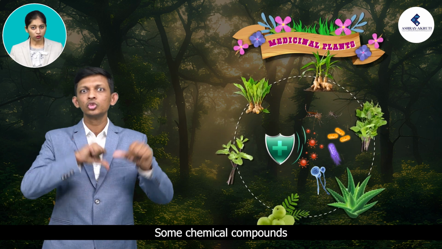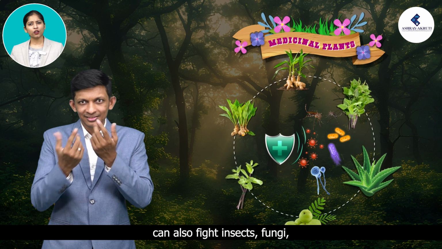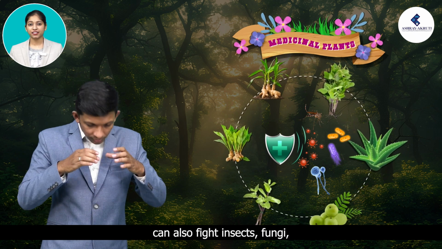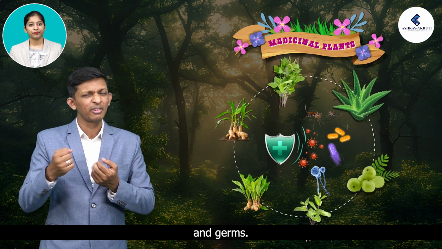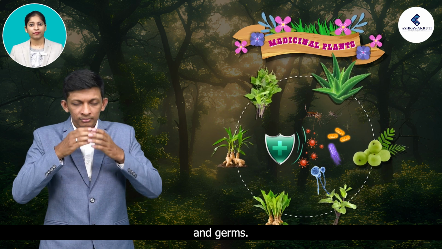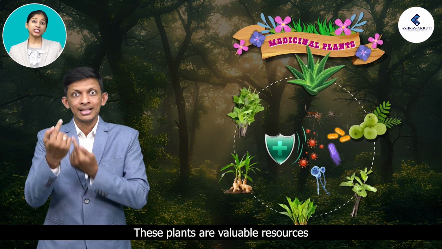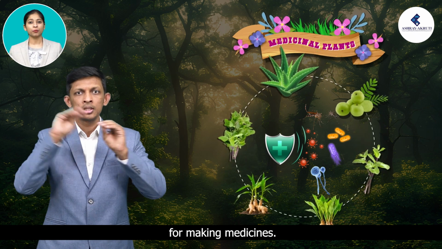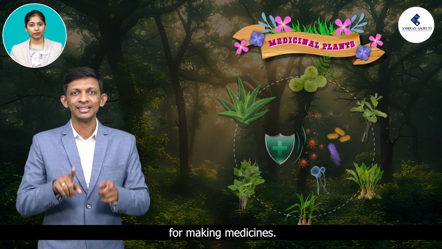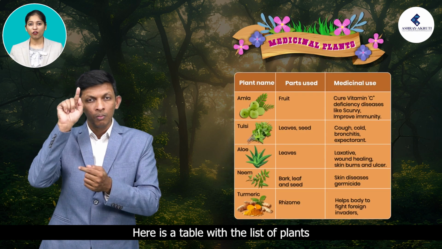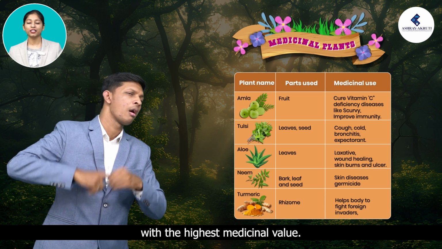Some chemical compounds in medicinal plants can also fight insects, fungi, and germs. These plants are valuable resources for making medicines. Here is a table with a list of plants with the highest medicinal value.